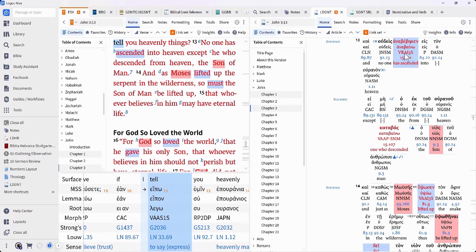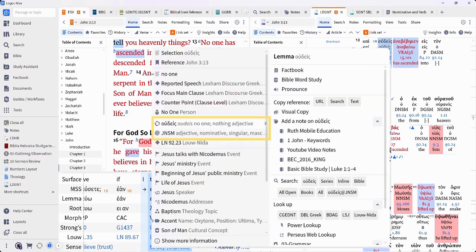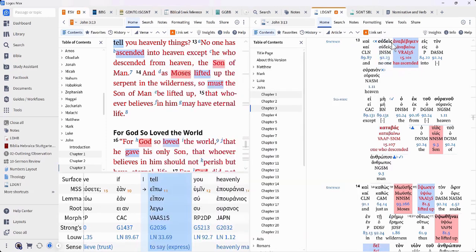There is no nominative here. We see the sigma here, but it did not tag it. Since this is more of an adjective, it's not going to bring it up.